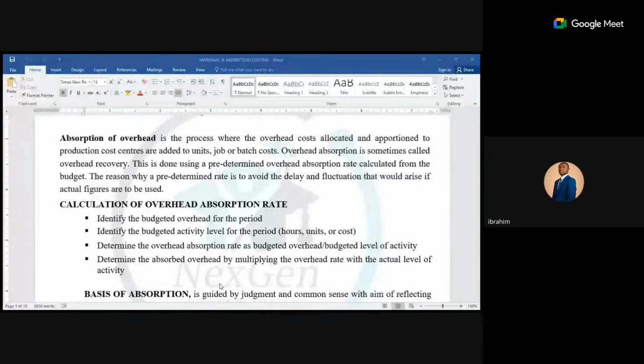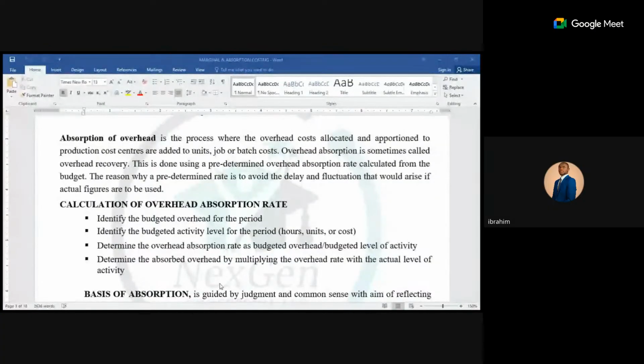It is a traditional or conventional technique that charges both variable cost per unit and fixed cost per unit for production. That is full cost, unlike marginal costing, which charges only variable cost.